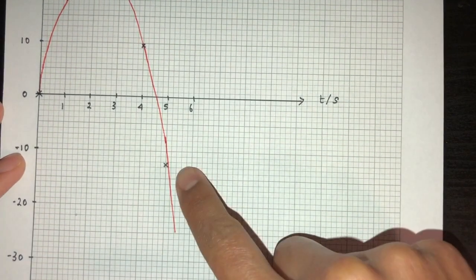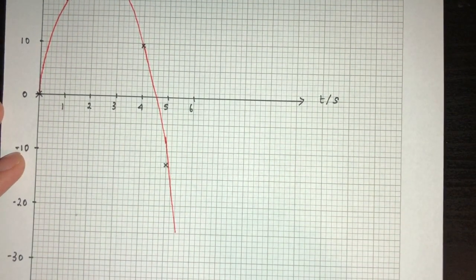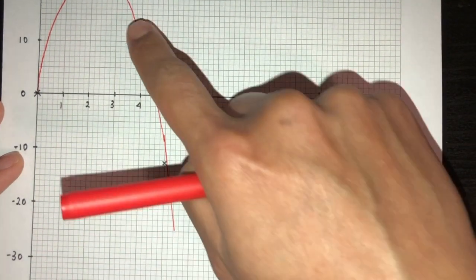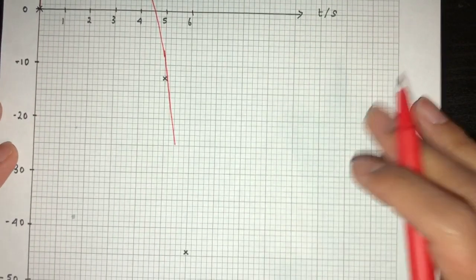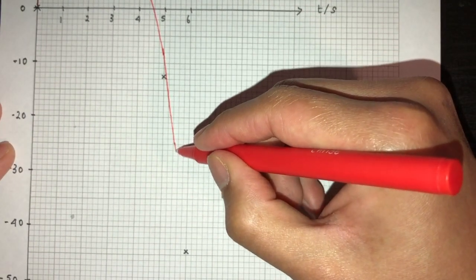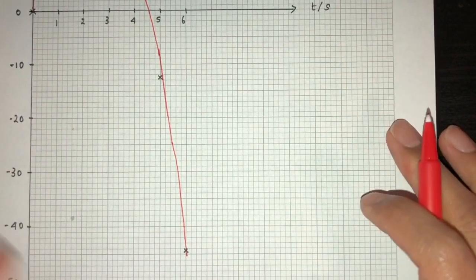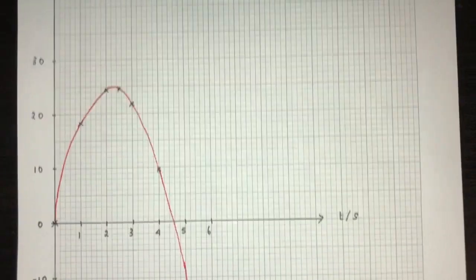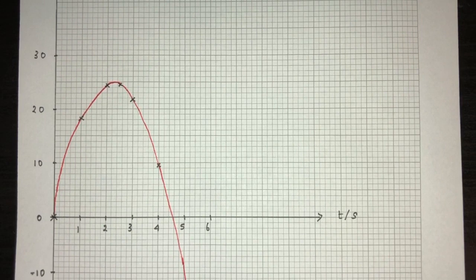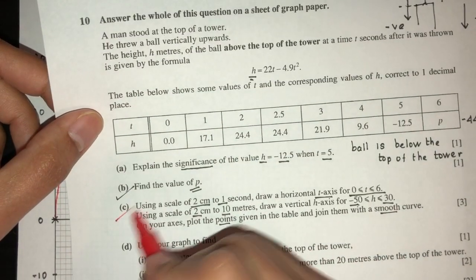You have to make sure that it passes through the points properly. Mine is not great, but you have to make sure that yours goes through all the points perfectly. So that will be my smooth curve I've tried. Now that is your question, part C, done.